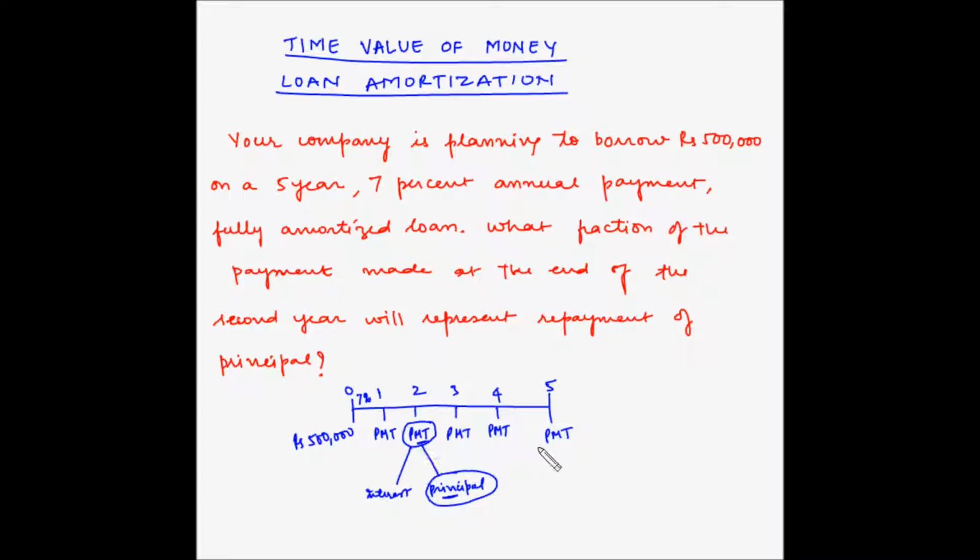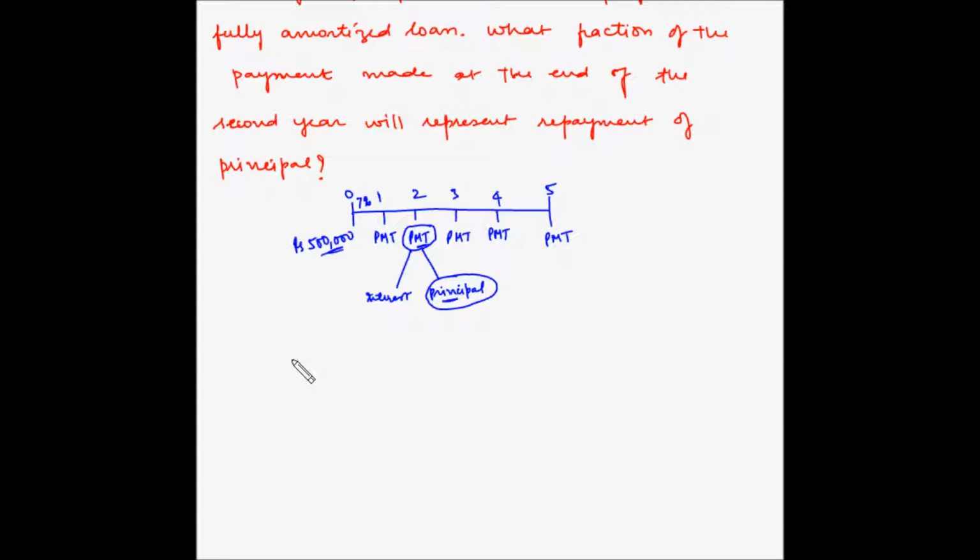We know the present value, and these payment amounts are at the end of each year, so they are in the form of an ordinary annuity. So let me note down the formula.